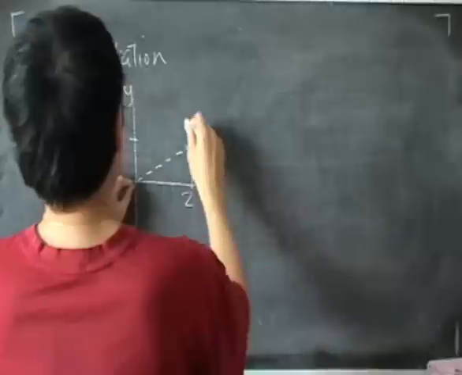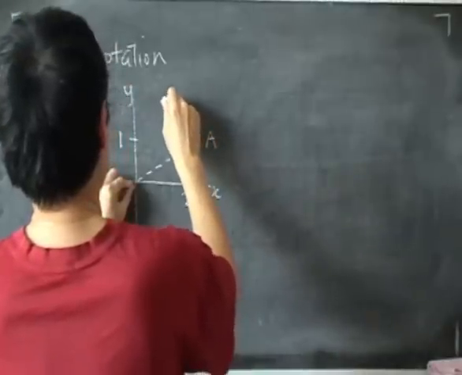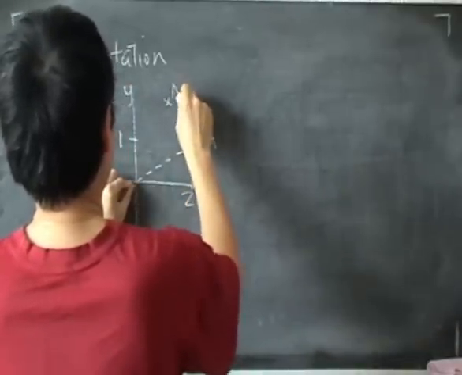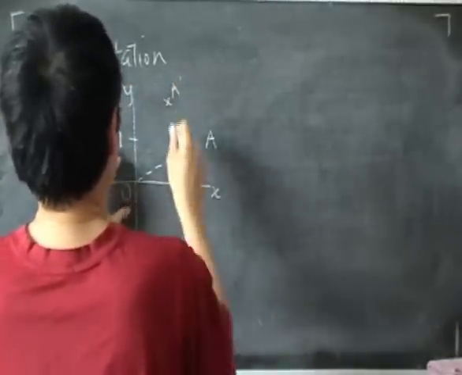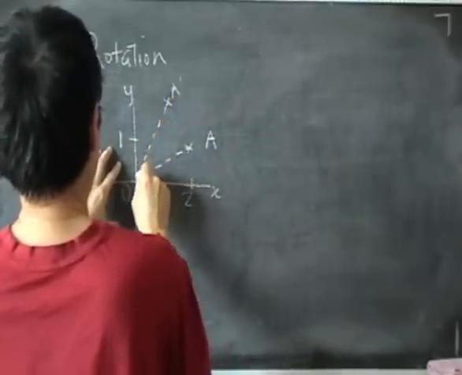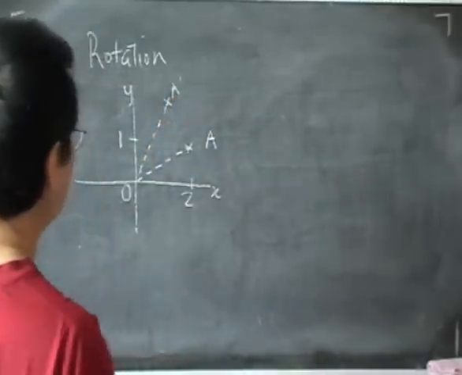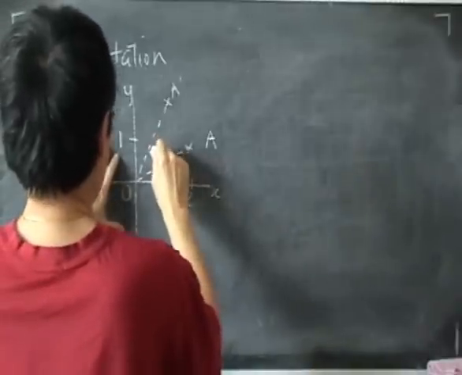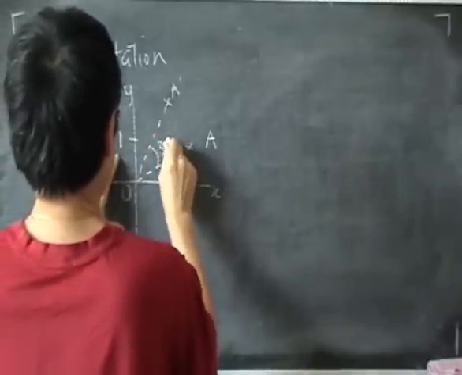So suppose that I rotate it until here, to this point called A prime. If I draw the line to the origin, and suppose that this angle is 30 degrees.